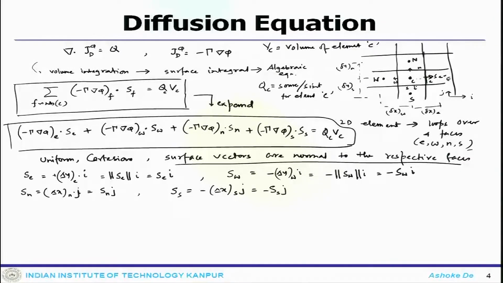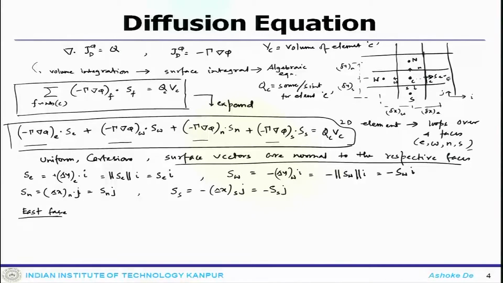Once you get the surface vector definitions, you can calculate all these individual surface fluxes, the diffusion fluxes. First, let us look at the east face.